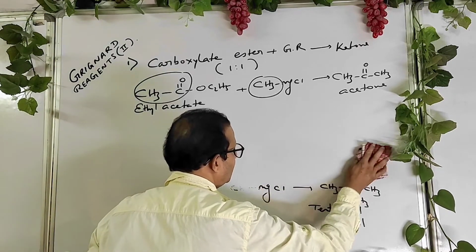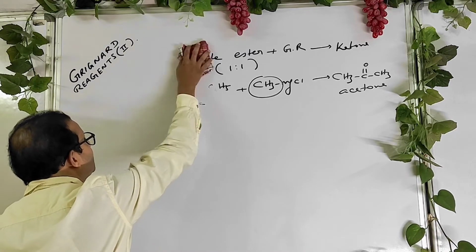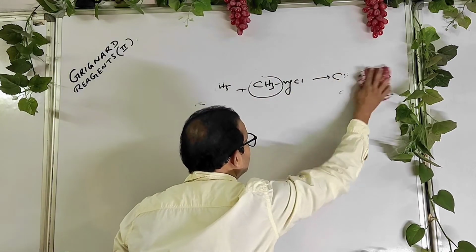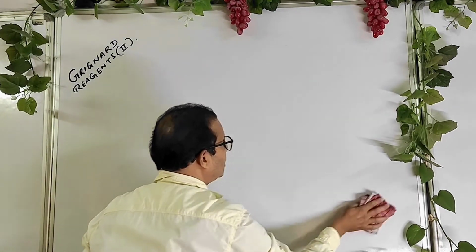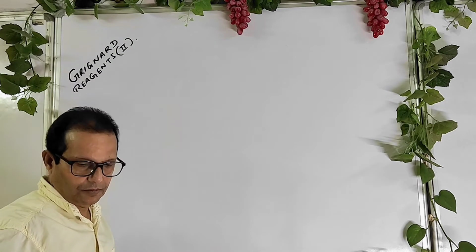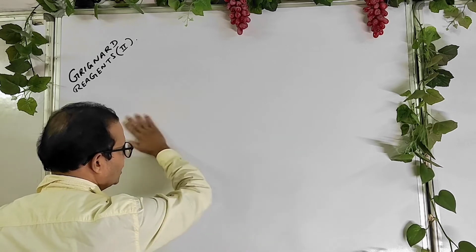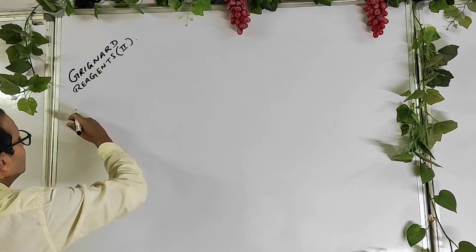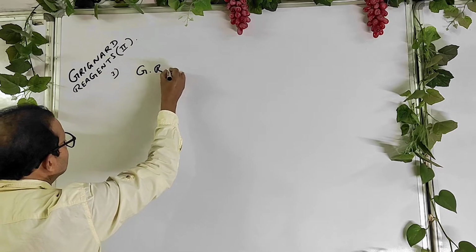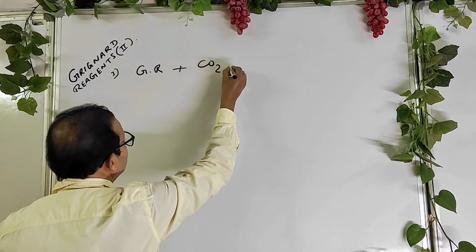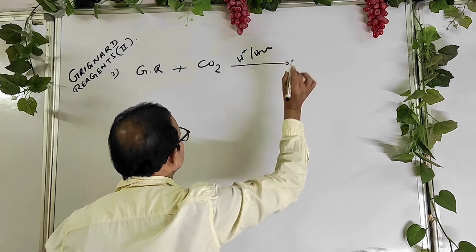Now remember, Grignard reagent plays a very important role in organic chemistry. There are lots of conversions which depend directly on Grignard reagent. Now the third point, Grignard reagent when it reacts with carbon dioxide followed by acid hydrolysis.